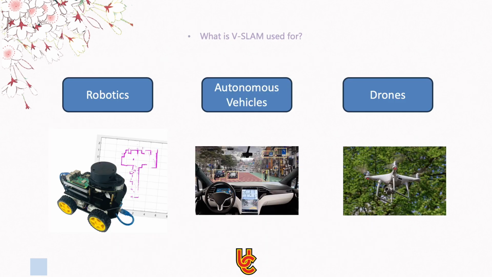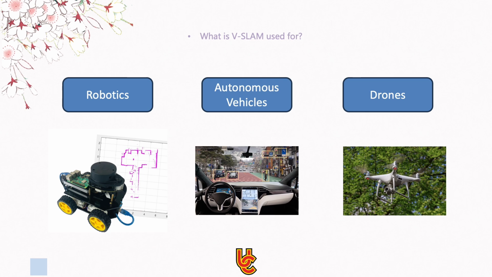So, what is VSLAM used for? VSLAM is widely used in many fields, such as robotics. It's one of the primary fields where VSLAM thrives. Imagine a robot navigating through a cluttered warehouse. VSLAM allows it to recognize obstacles, plan routes, and adapt to new environments in real life, making it highly effective for tasks like delivery, surveillance, and cleaning.